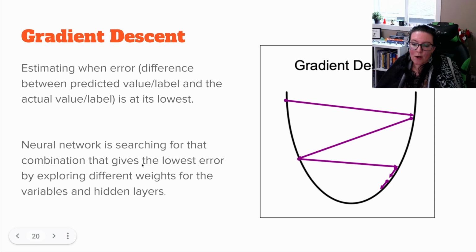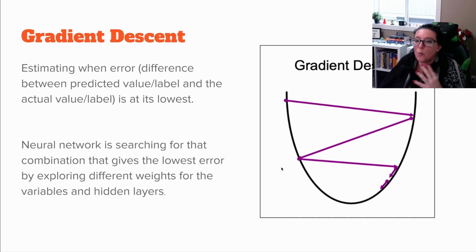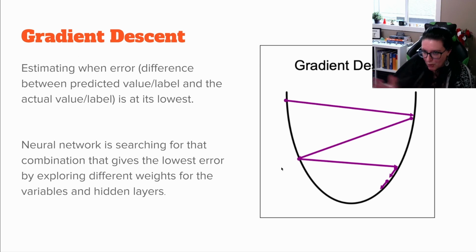So the network itself is searching for the combination that gives the lowest error by exploring different weights for the variables and the hidden layers. And if it is a convolutional neural network that goes forward, it is going to adjust those with backpropagation. After it goes through, it adjusts the weights and goes back through again.